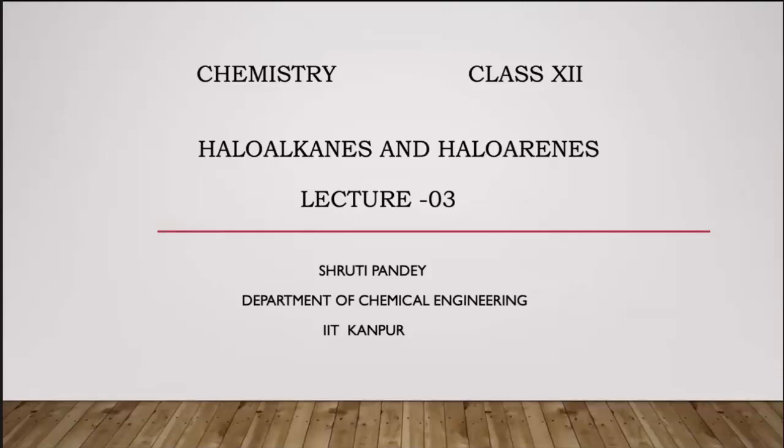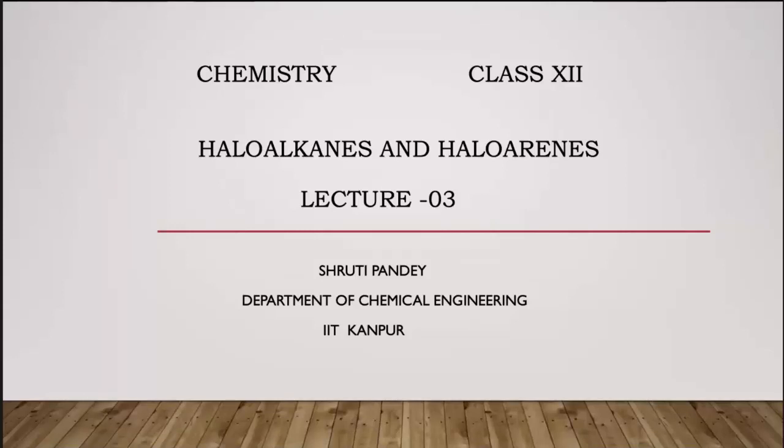Then we talked about the methods of preparation of haloalkanes, and the first method was using alcohols. It had three subcategories: using halogen acids, using phosphorus halides, and using thionyl chloride.